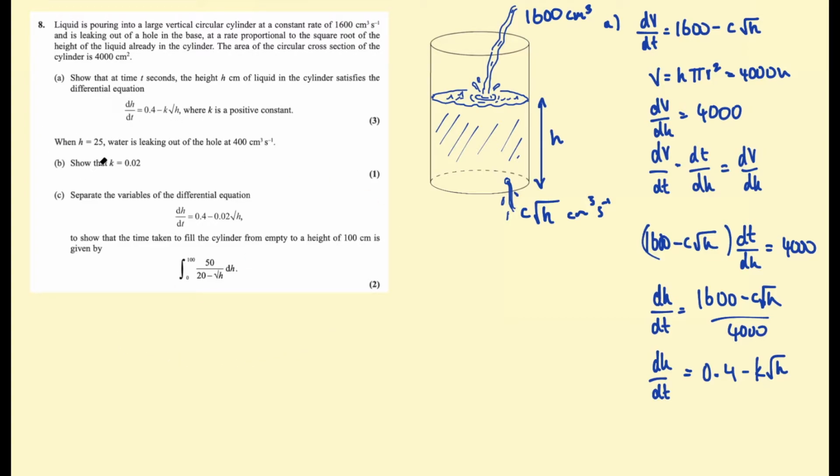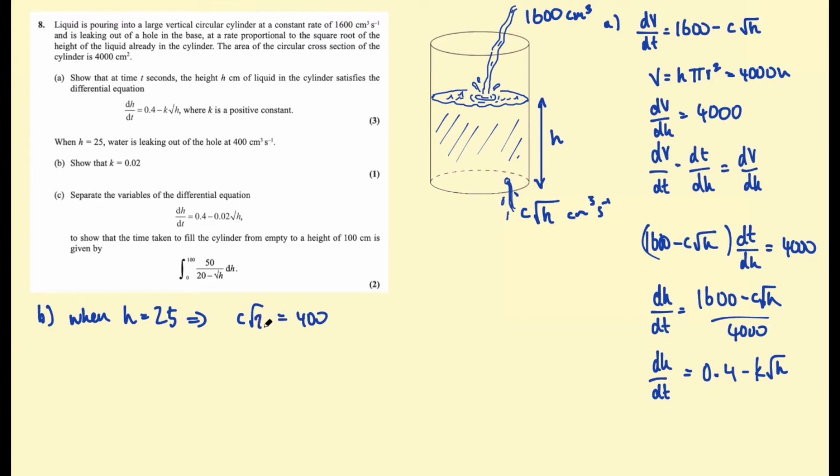Part B says, when h equals 25, water is leaking out of the hole at a rate of 400 centimeters cubed per second. Show that k equals 0.02. So when h equals 25, we're looking at this expression here: c root h equals 400. That's the leak, but also h equals 25, so we can plug that in as well.